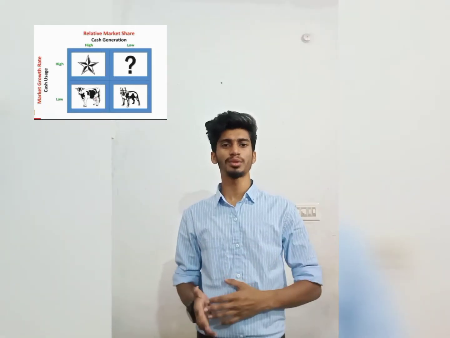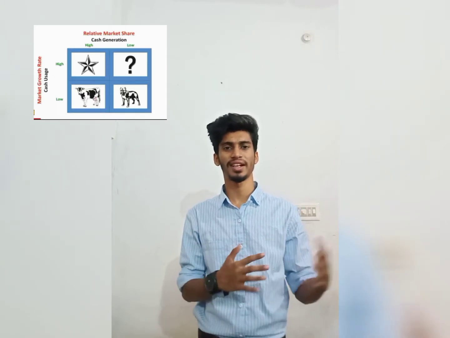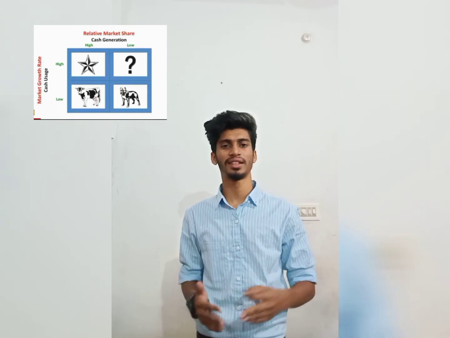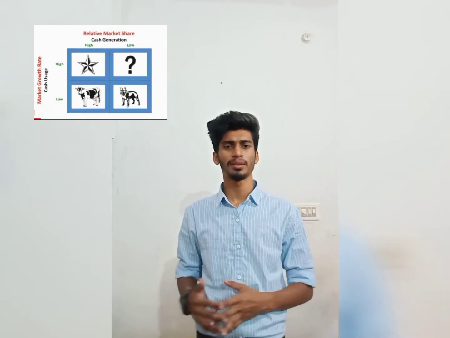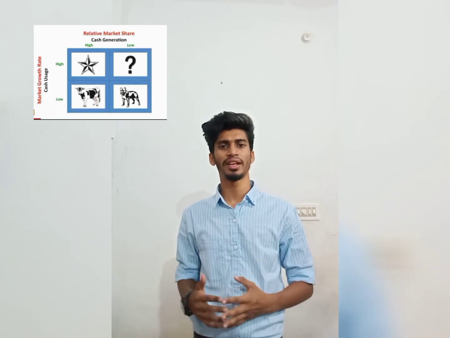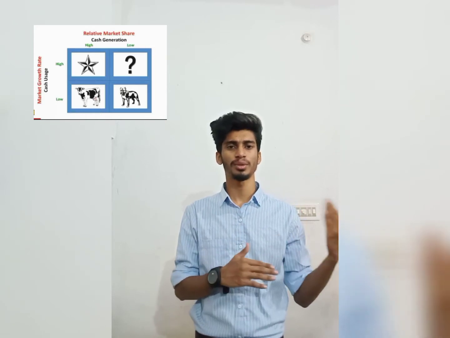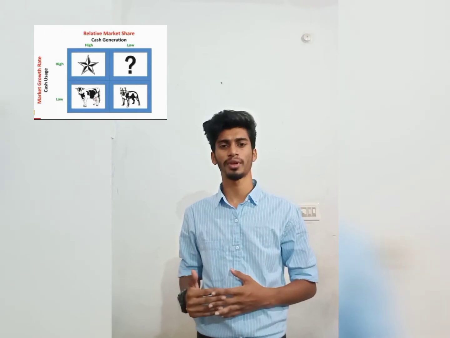A business can choose one of four strategies depending on where the product lies: build, hold, harvest, and divest. If the product lies in the question mark category, the company should see whether it can build this product and add more investment to it.